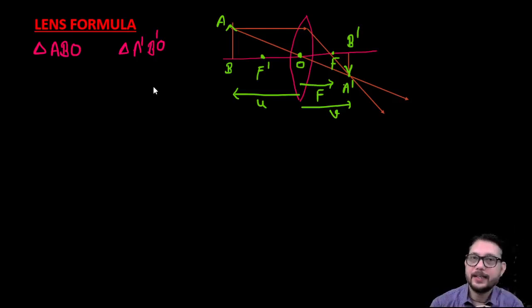On the other hand, we have image A dash B dash and the common point O, so the triangle will be A dash B dash O.